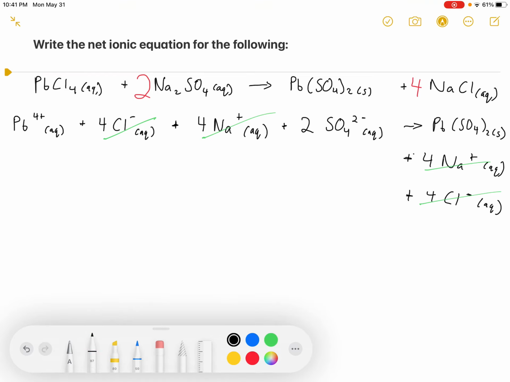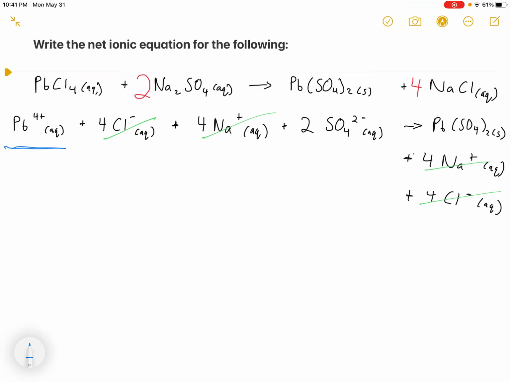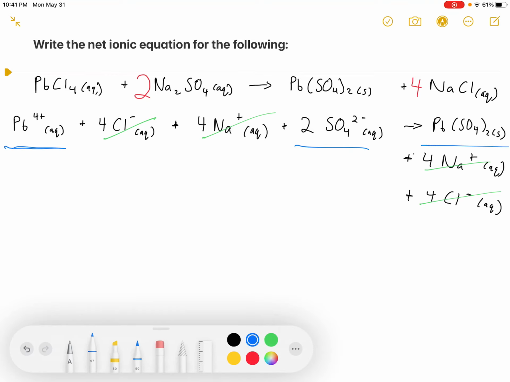So our final step here is just to write down what's left for the net ionic equation. In terms of what's left, we have the lead, we have the sulfate, and we have the lead sulfate solid that gets formed.